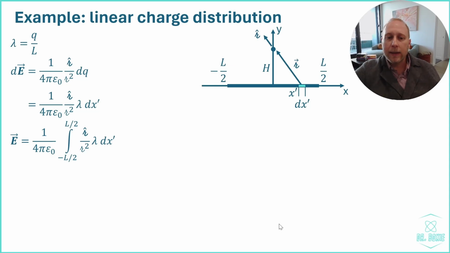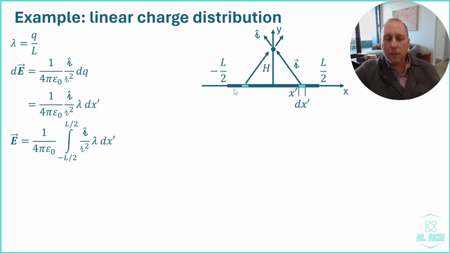We can do it, but because of the symmetry, we can simplify it. We notice that exactly opposite, on the other side of the origin, there is an equally sized, equally charged portion of rod that causes an electric field which points, the original one pointed to the top left, this one points to the top right.